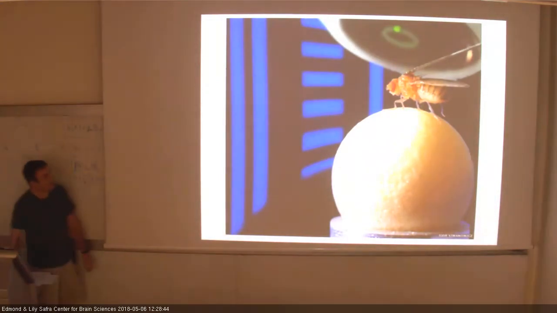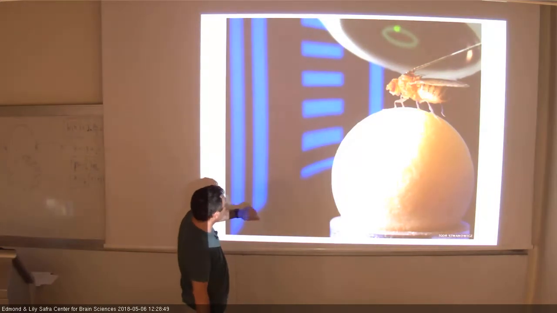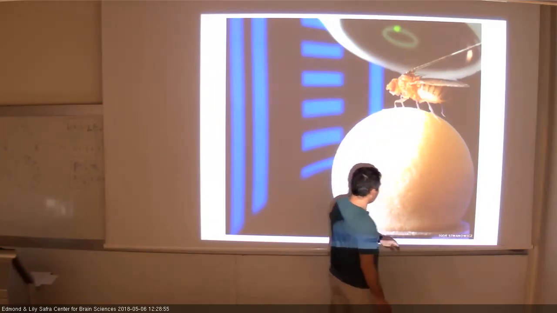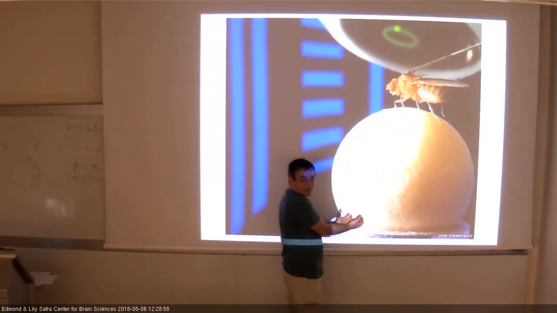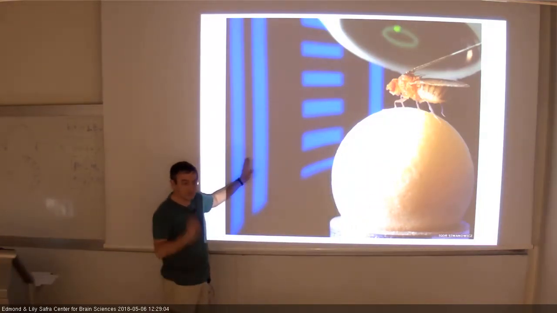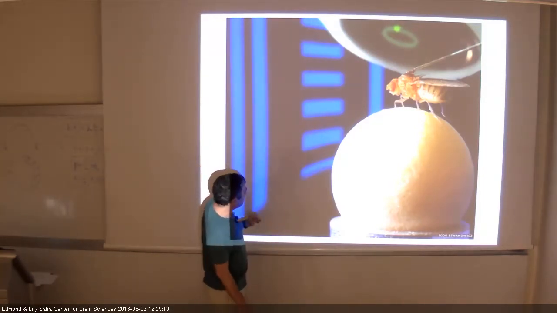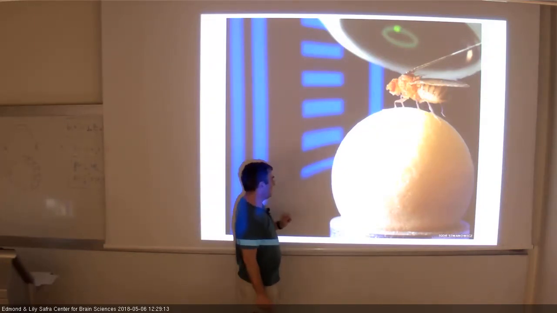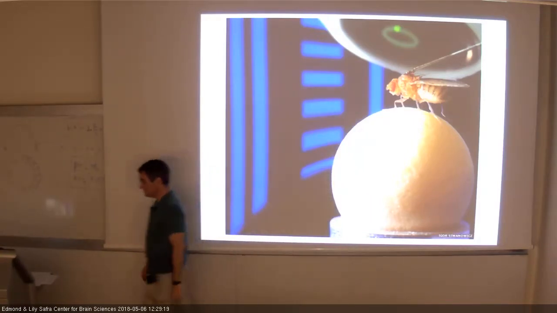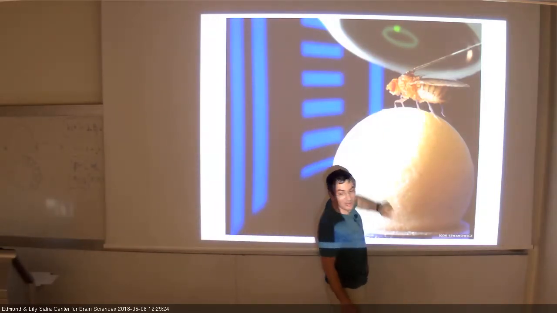So this is how the experiment looks. This is Mr. Fly, and it is standing on this ball that sits on air, so the fly can rotate this with its legs. This is visual input, and using virtual reality, the visual input can be controlled by the movements of the fly. And while the fly is doing its things, activity of neurons is imaged from above using a microscope.